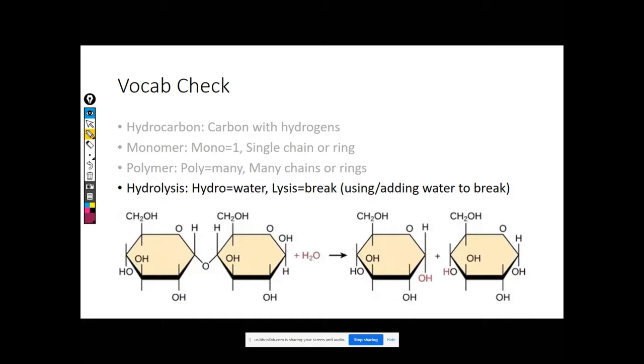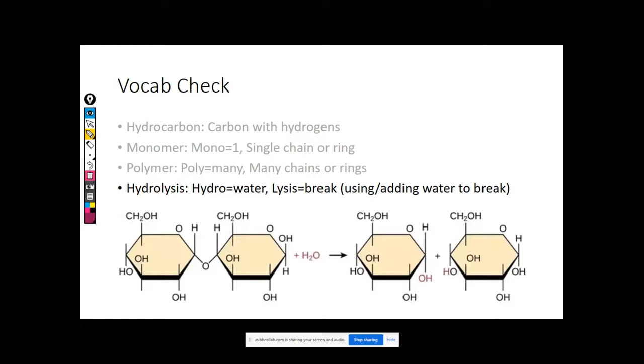So, if I have a compound that I need to break, okay, so it is quite large, it's some kind of a poly. In this case, I have a di, right? Got 2 rings. And I want to break that up into 2 monos. Okay, I'm going to use hydrolysis.